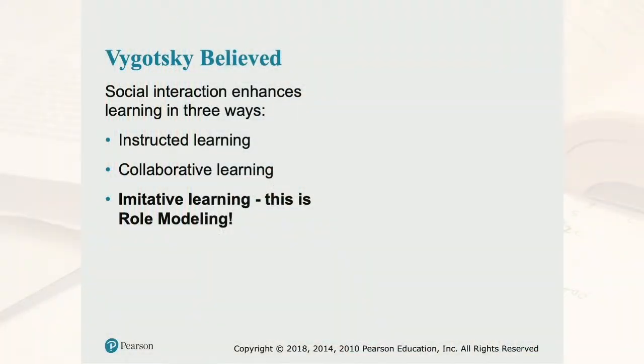So imitating learning is what is called role modeling. Children really look towards adults as knowing what's right and what's wrong, and they would view adults as always making those right decisions. So they look to us to really guide them, and they look at us as always making the right choices.